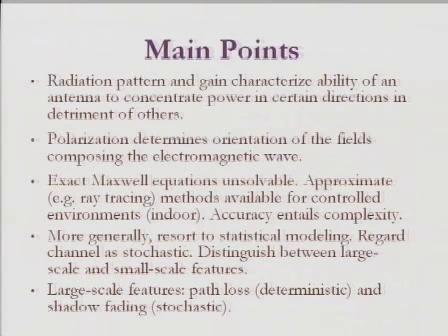We saw some of the shapes for typical antennas that are used in wireless systems, especially for sectorized antennas and for terminal antennas. We saw that the gain is the largest value of the pattern in the direction of maximum energy concentration. We talked a bit about polarization, which determines the orientation of the fields as they travel in space. And it's a characteristic of electromagnetic waves that will be interesting to us a little later.